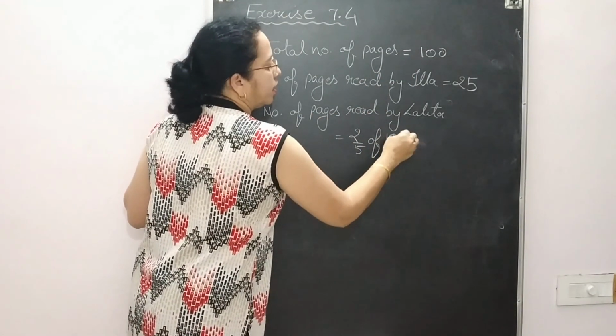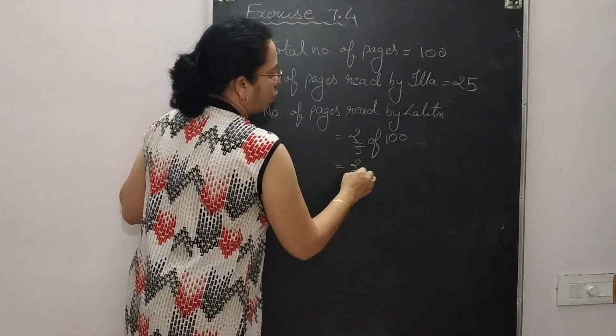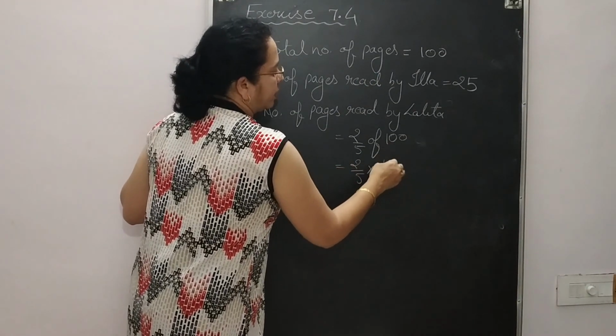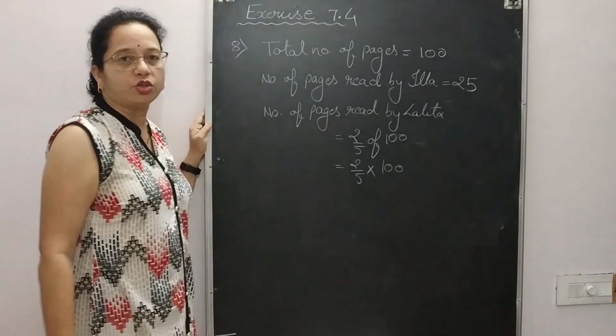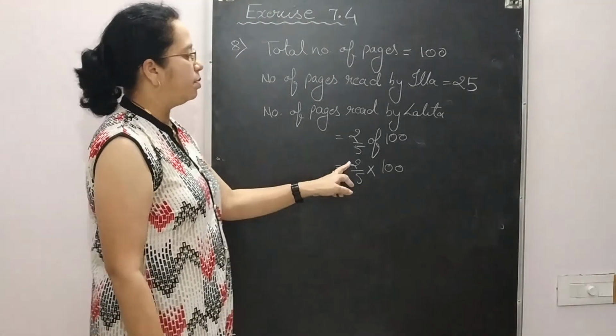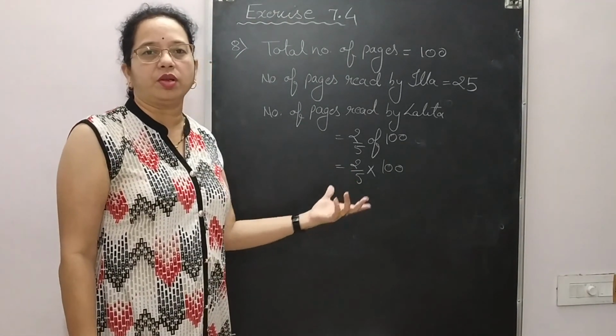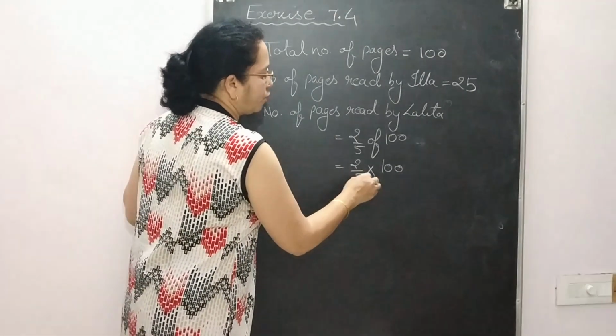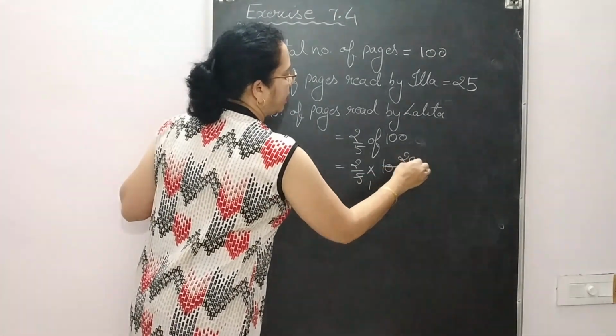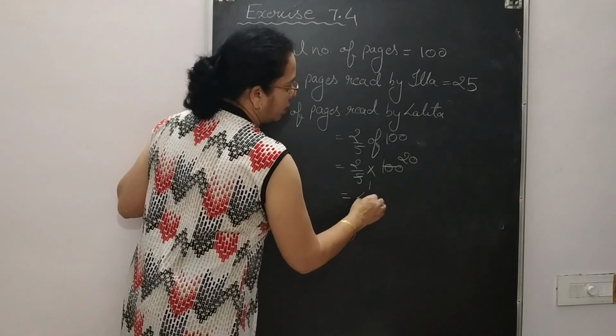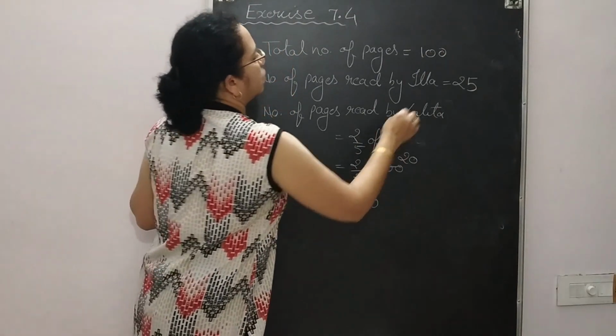Same book means how many pages? 100. So what is the meaning of multiplication and then 100? It means multiplication of fraction. You can cut one number from numerator, one number from denominator. Choice is yours. So 5 ones are 5, 5 twos are 10 and 0. So total is 40. Okay.